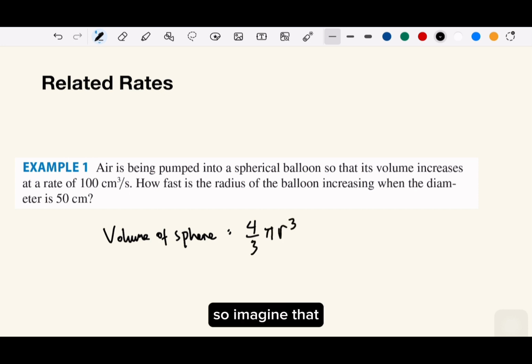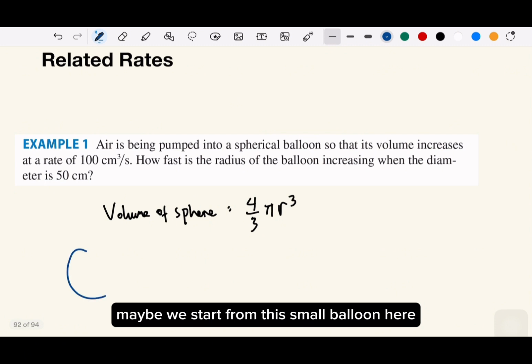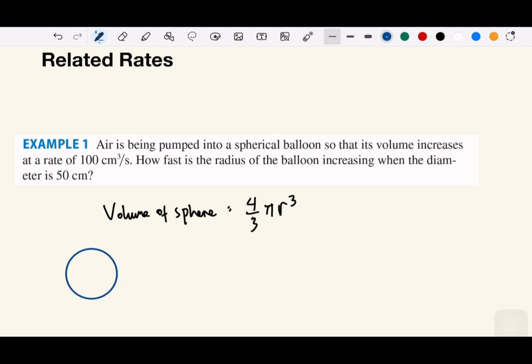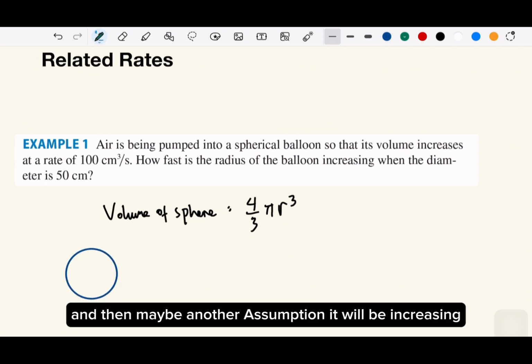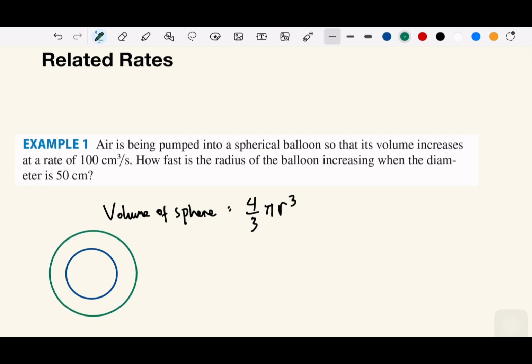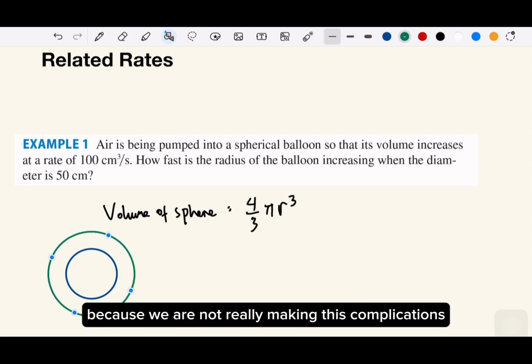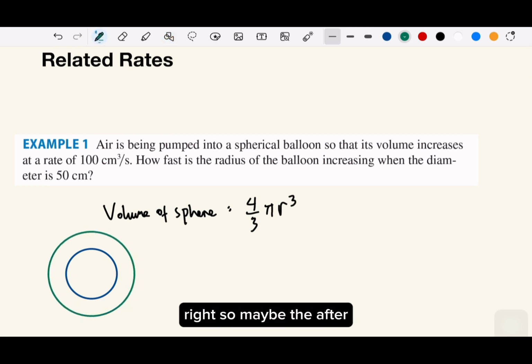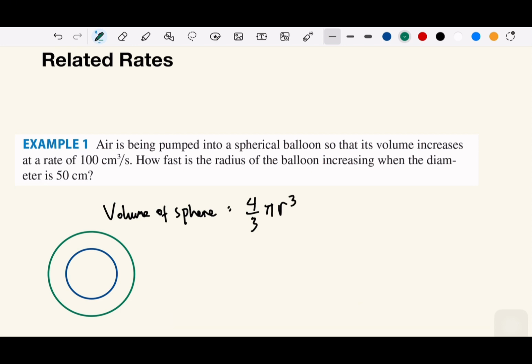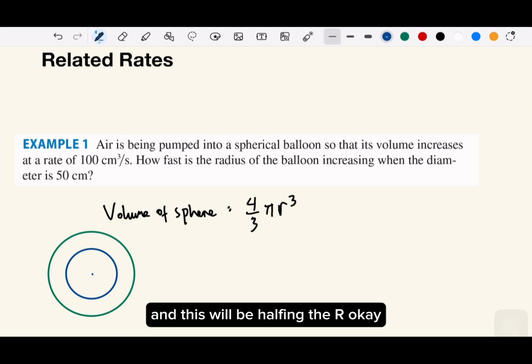Imagine that maybe we start from this small balloon here, and then another assumption, it will be increasing homogeneously, because we are not really making these complications, right? So after it's increasing, maybe it becomes this green one, and this will be having the radius r.